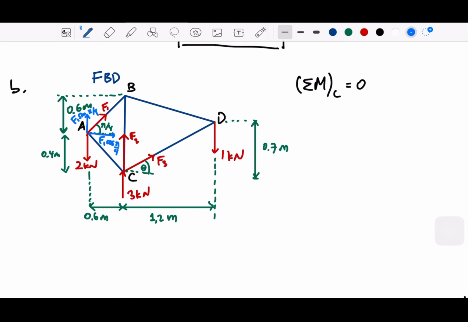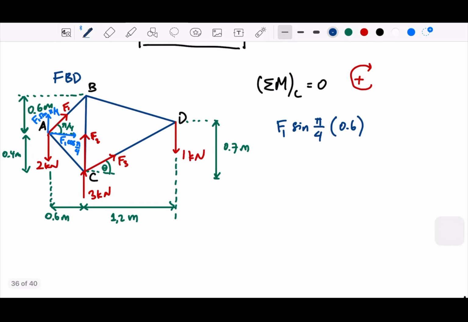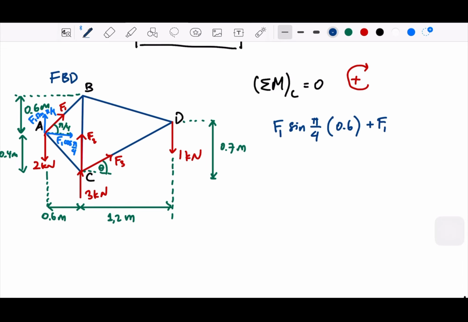So to begin with, let's say we are going to take the clockwise as positive. So we start by taking F1, it's positive now, to the C is 0.6, so F1 sine pi over 4, and then multiply with 0.6, and then F1 cosine, also positive, multiply with 0.4, right?